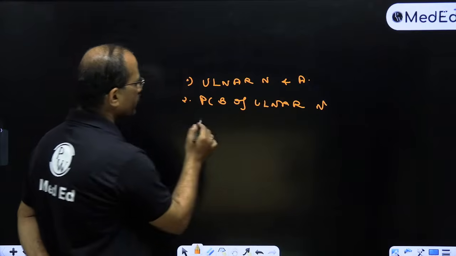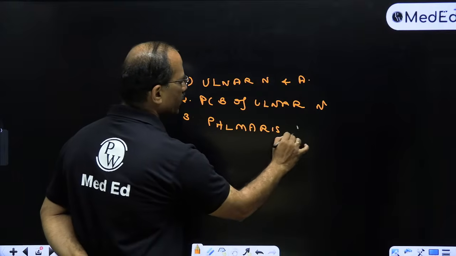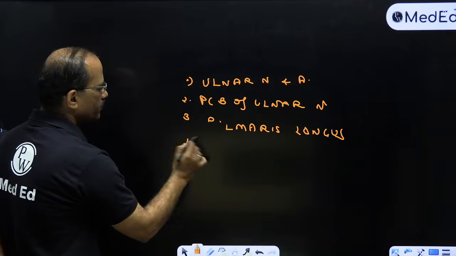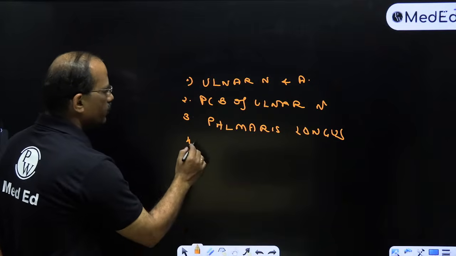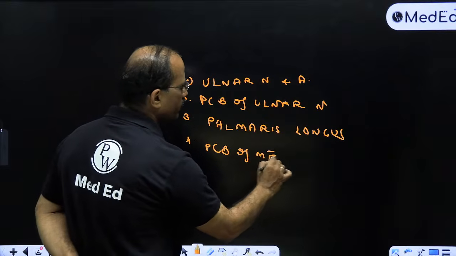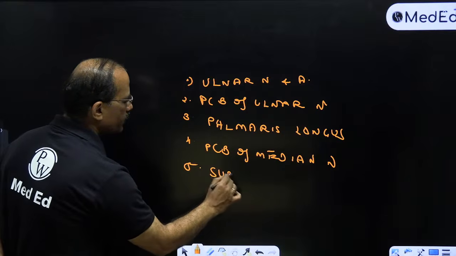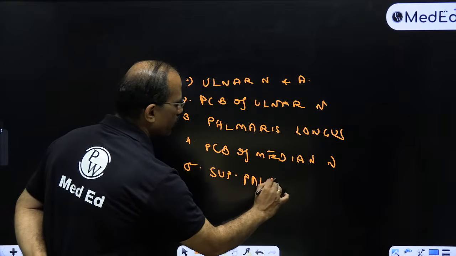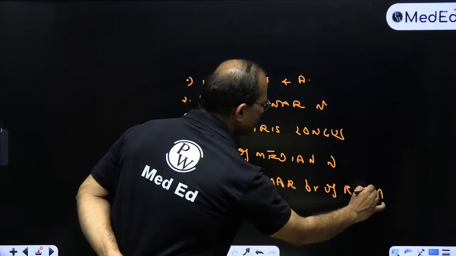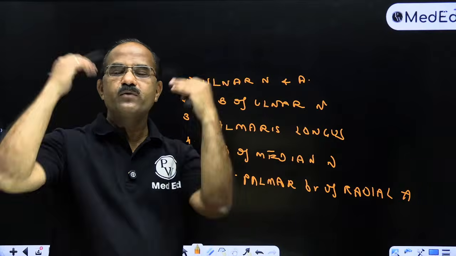Third is the palmaris longus tendon. Fourth is the palmar cutaneous branch of the median nerve, and fifth is the superficial palmar branch of the radial artery. So these are the structures passing above the flexor retinaculum.